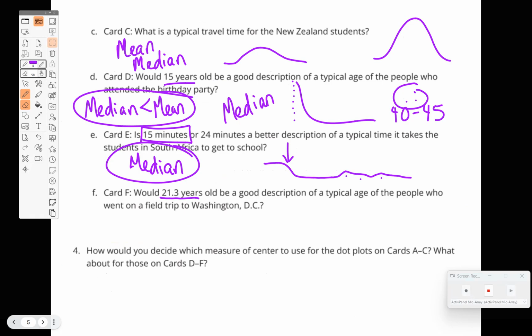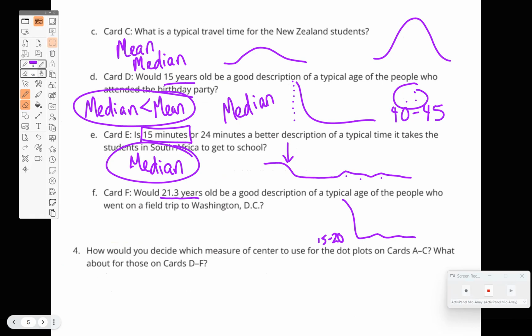Yeah, I would say 21. Okay. 15. So, would 15 or 21? Okay, so my typical is between 15 to 20, right? That was the range on my histogram, between 15 and 20.